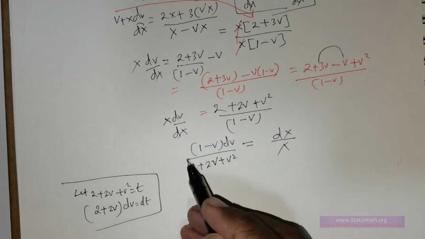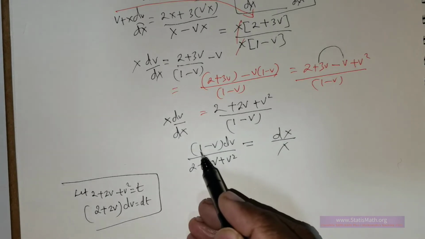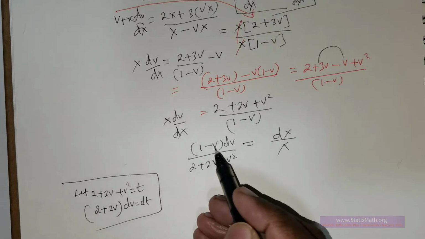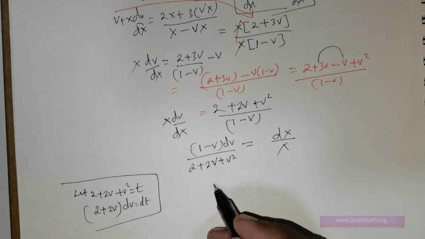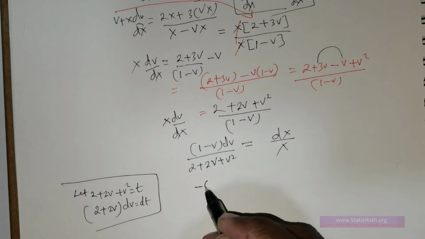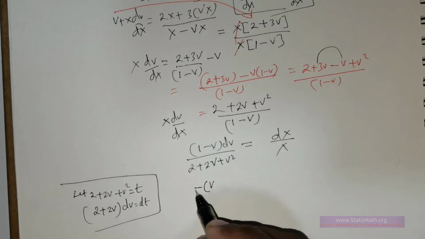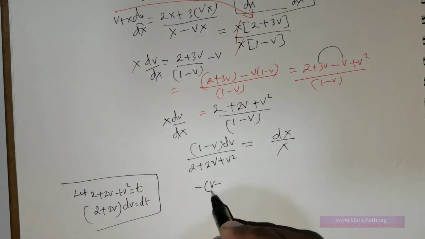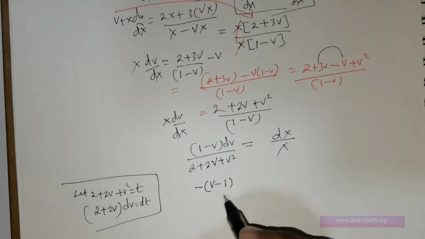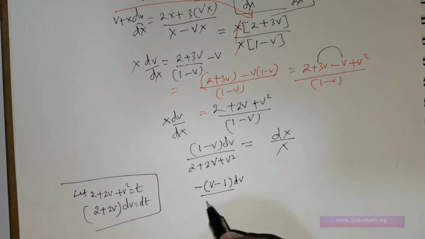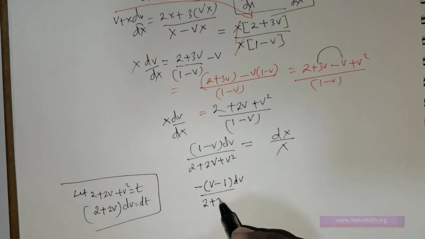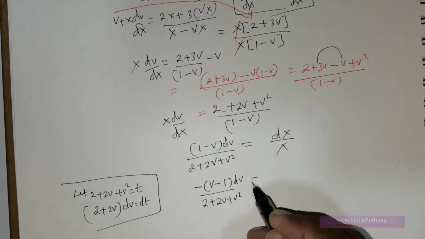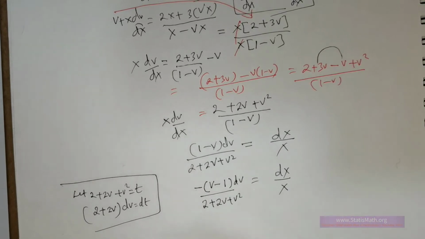So I have to do something so that I'm able to get a 2 and a 2v there. Now of course I can take a negative sign out, so that would make v positive. So I would now have negative (v − 1) dv divided by (2 + 2v + v²) equal to dx/x.